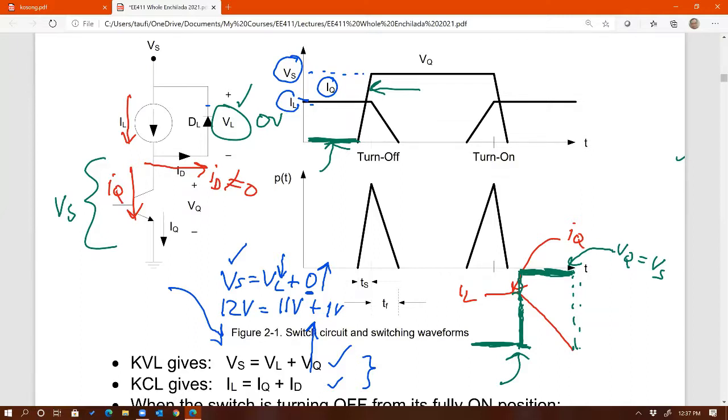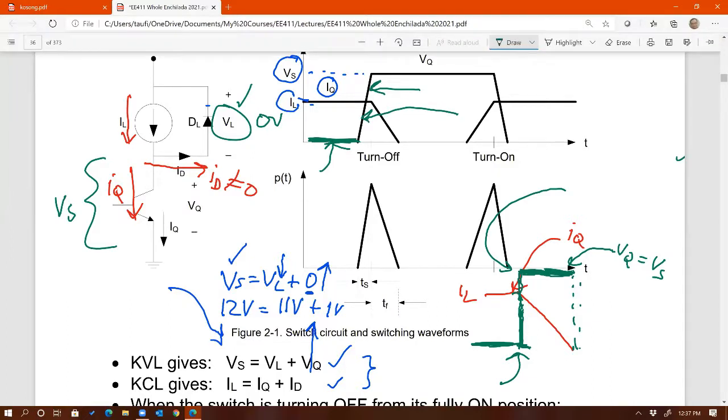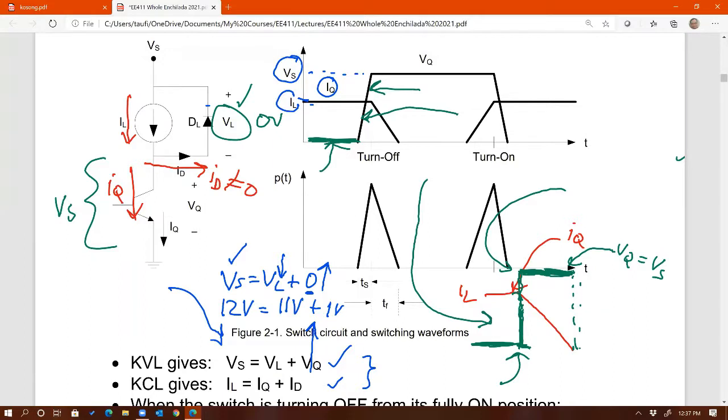Voltage cannot jump right away. So that's the reason why. Hopefully now you understand why in my drawing right here, voltage is the one that comes up first, then current, instead of the opposite. If it's the opposite, then you get this picture right here. Any question on that?